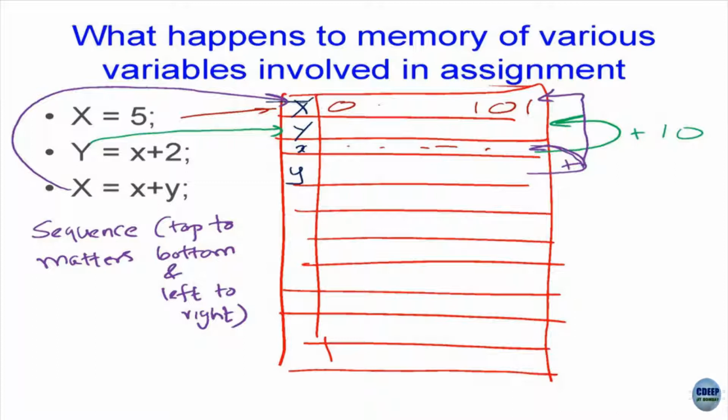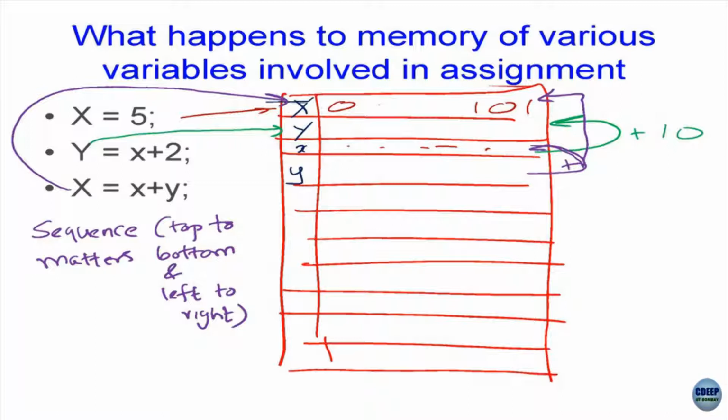You will update the location for x again, but this is going to be updated based on the sum of small x and small y. So the sequence matters.